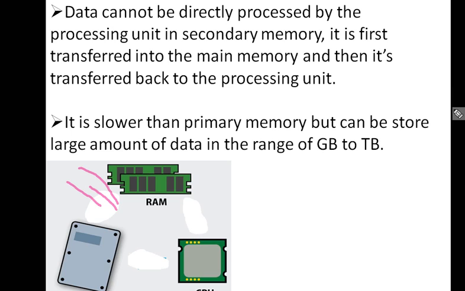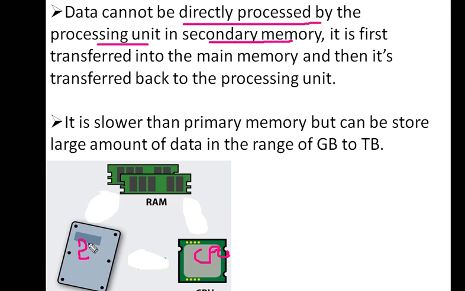Data cannot be directly processed by the processing unit, or we can call it the CPU, in secondary memory. This is our CPU, and this is your secondary memory or external memory.